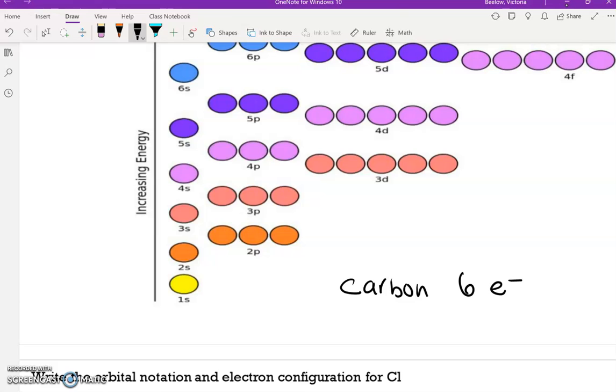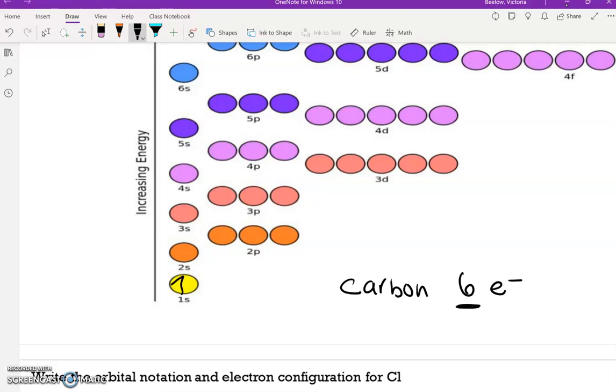You're going to notice that when you're filling this up, you have to go in level order. When electrons are filling orbitals, they're going to be filling the lowest orbital first. So with our carbon, I'm starting here with 1s. I'm going to fill that first. Again, I have to get 6 electrons total filled in.